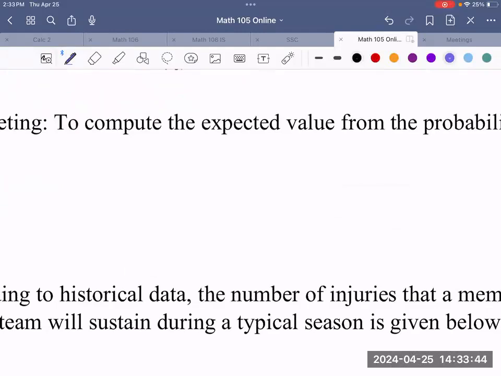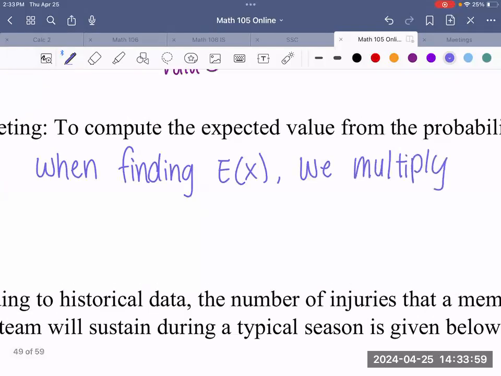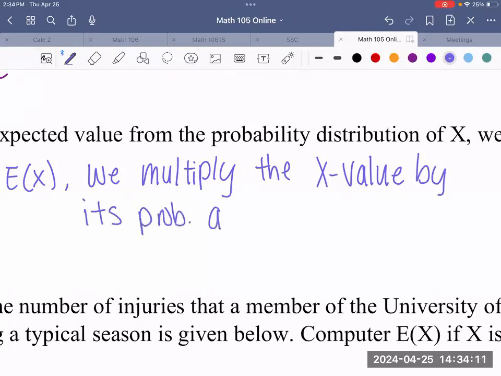It just means that when finding the expected value, we multiply the X value by its probability and then add up the total.